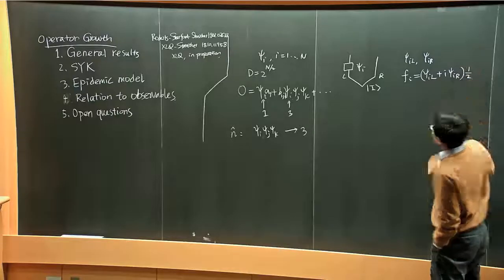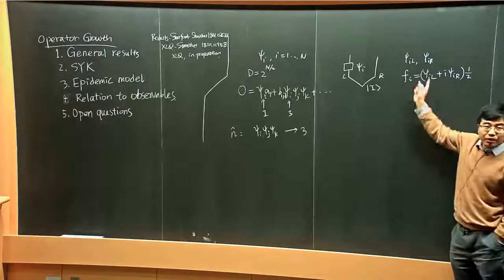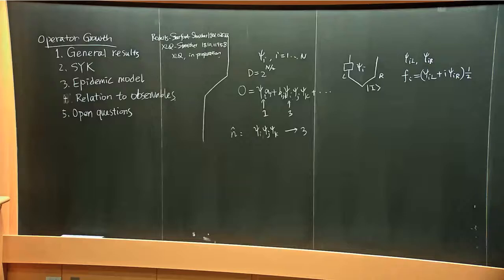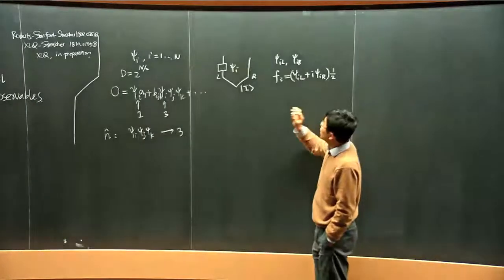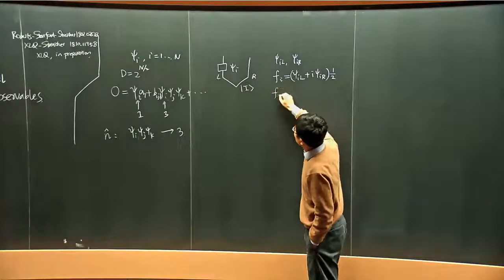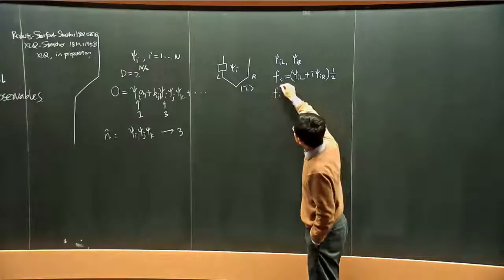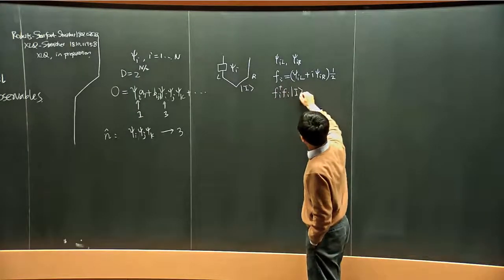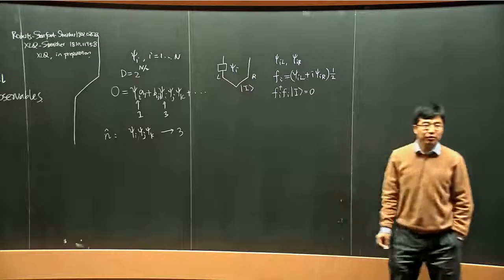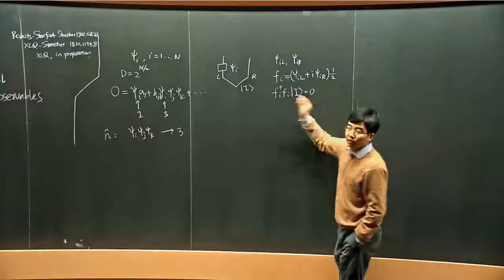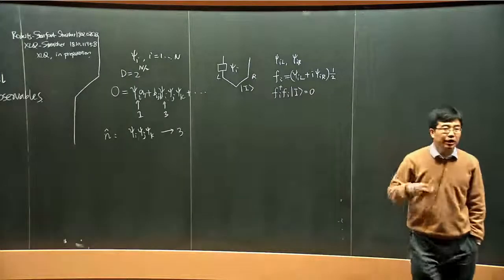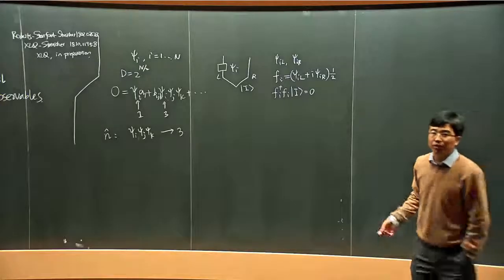In my notation, if psi squared is 1, then I need a 1/2. So you can define a complex fermion operator, and then you define I to be the ground state, which means the number of fermions for each little i is 0. You can check that is a maximally entangled state between the two copies.